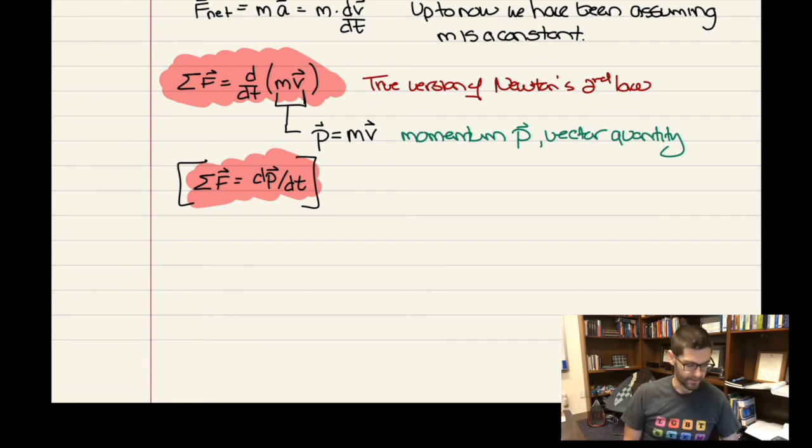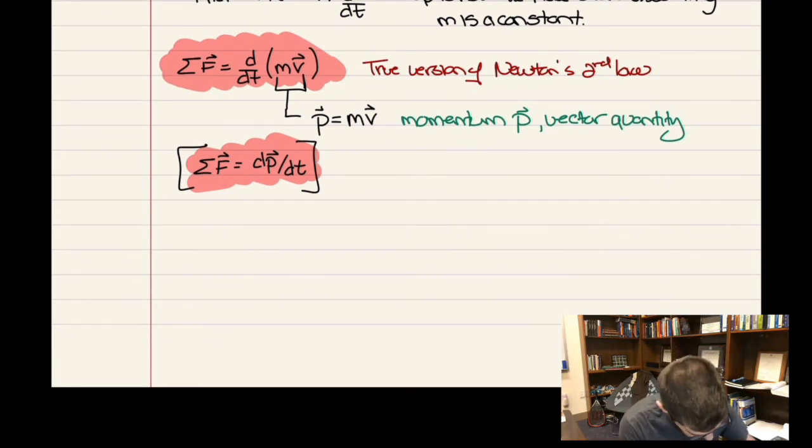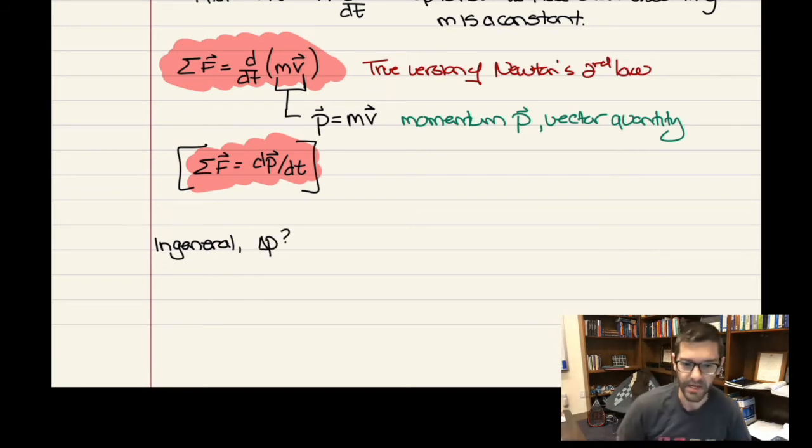Now let's go back to the case of, well, I guess we could go back to the case of the wall with the ball, but I could just do this in general, because this is true in general. In general, we might want to ask, how does momentum change over long expanses of time?